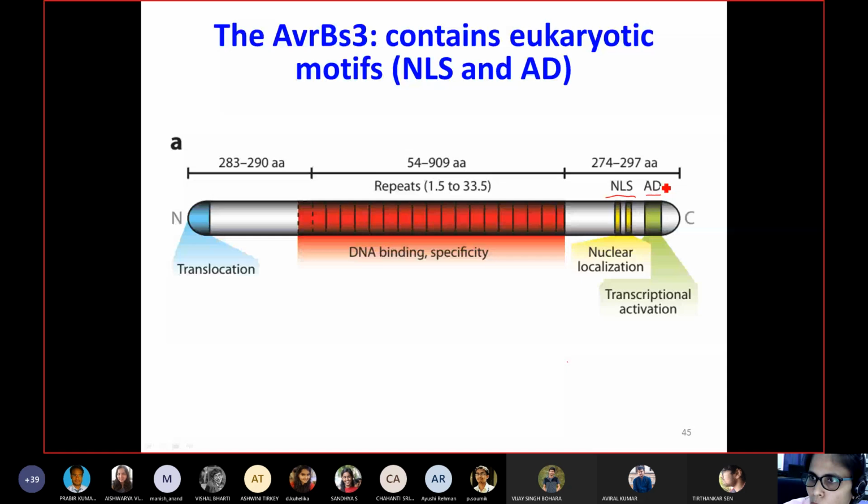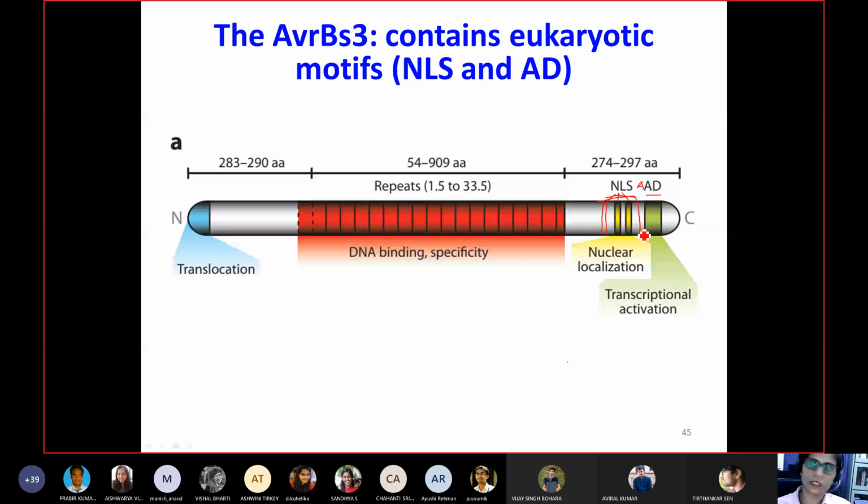Here they have shown only two NLS sequences, but in general what they found in the Avr gene was three NLS sequences. They wanted to check the role of this nuclear localization signal and how this Avr protein actually behaves.